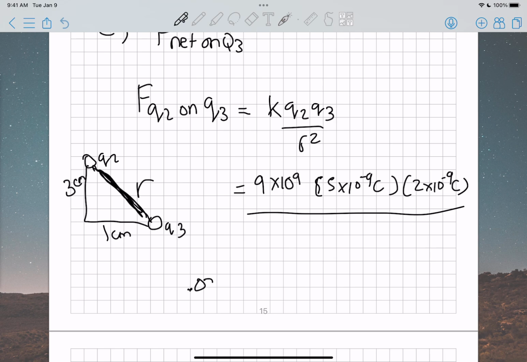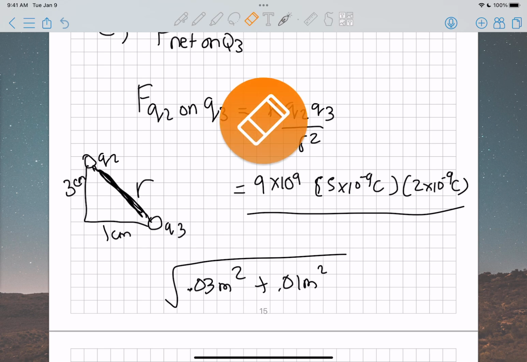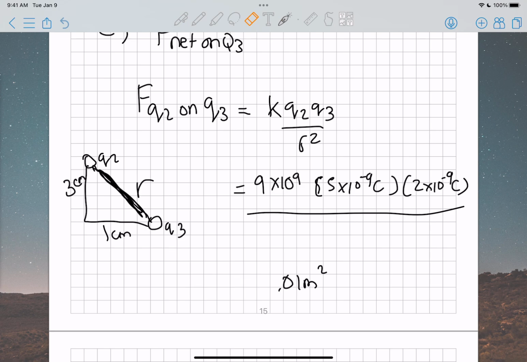So you could do 0.03 meters squared plus 0.01 meters squared, and then take the square root of that, and then you got your r. You could do either way.